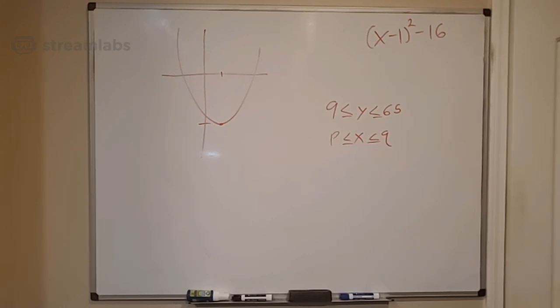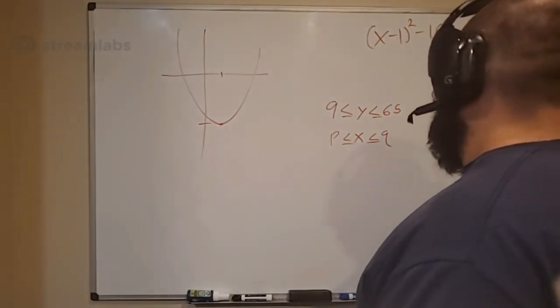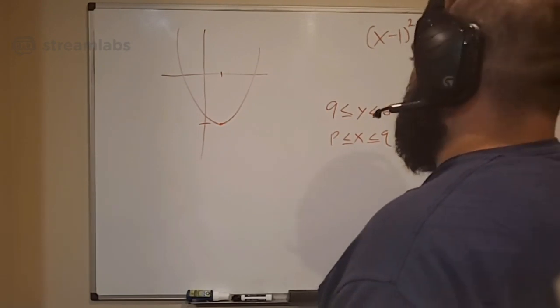Okay, so if you look at your function, you're basically looking for your 9 and your 65, and we're told to find P and Q. There should be 2 answers actually, I think, because that's negative 16.